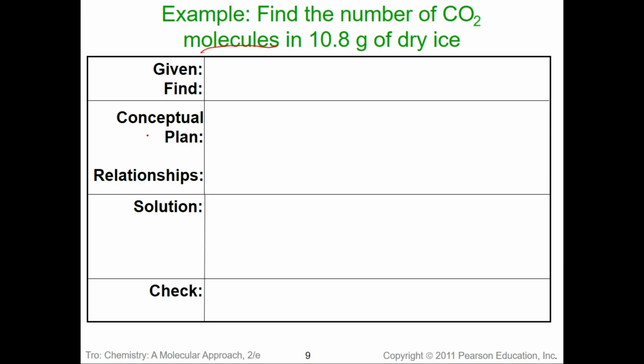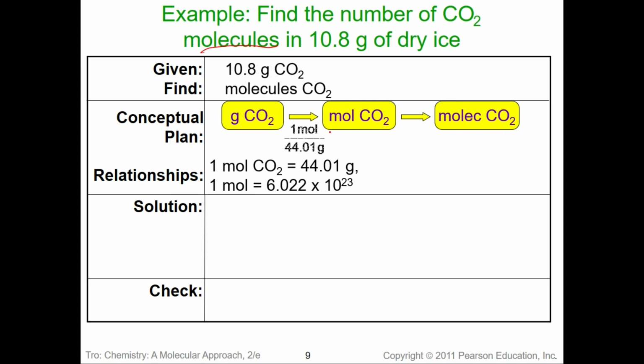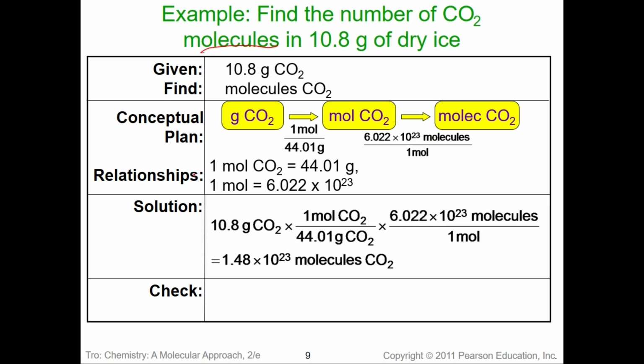You take the value 10.8 gram, divide by molar mass to get mole, and then go to molecules. So 10.8 gram divided by 44.01 gram per mole, based on the periodic table, totaling carbon plus 2 oxygen. Then you times with the Avogadro constant. The last answer is 1.48 times 10 power of 23 molecules.